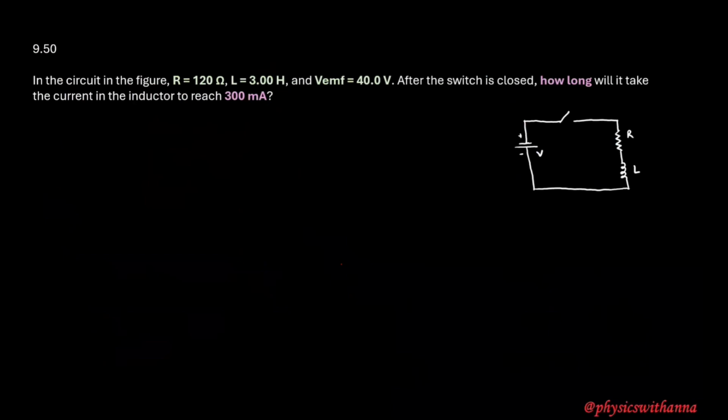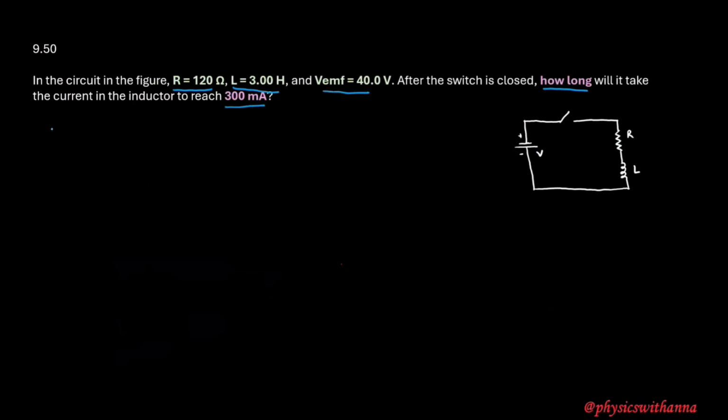Next, let's discuss question 9.50. In the circuit in the figure, R equals 120 ohm, L equals 3 Henry, and V EMF is 40 volt. After the switch is closed, how long will it take for the current in the inductor to reach 300 milliampere?